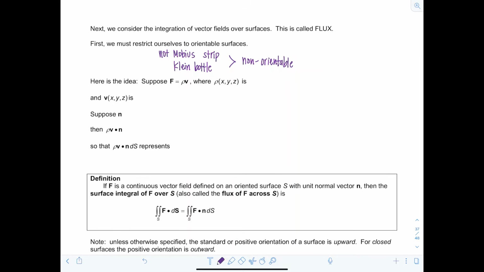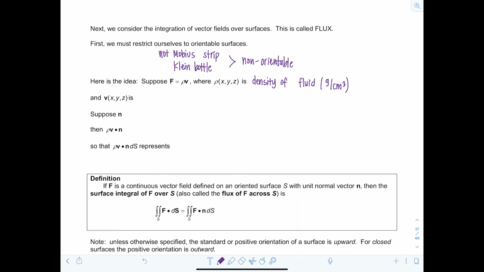So here's the idea. We're going to talk about a special kind of vector field, F, defined to be rho times V. So rho is going to be the density of a fluid, and it's measured typically in grams per centimeter cubed.